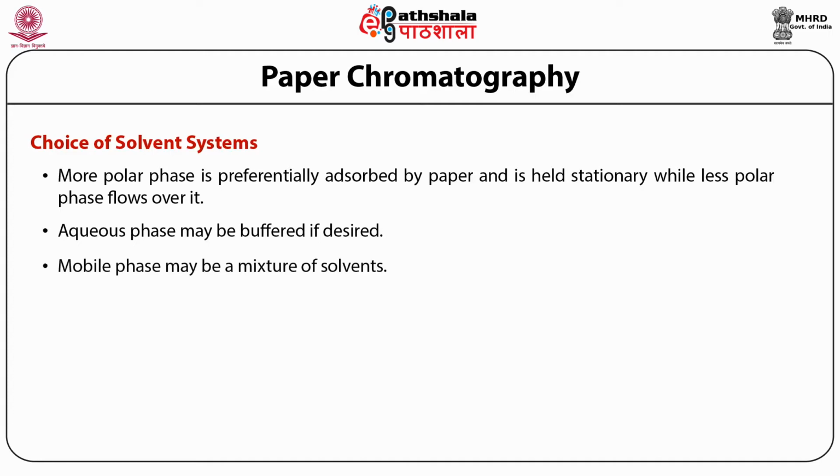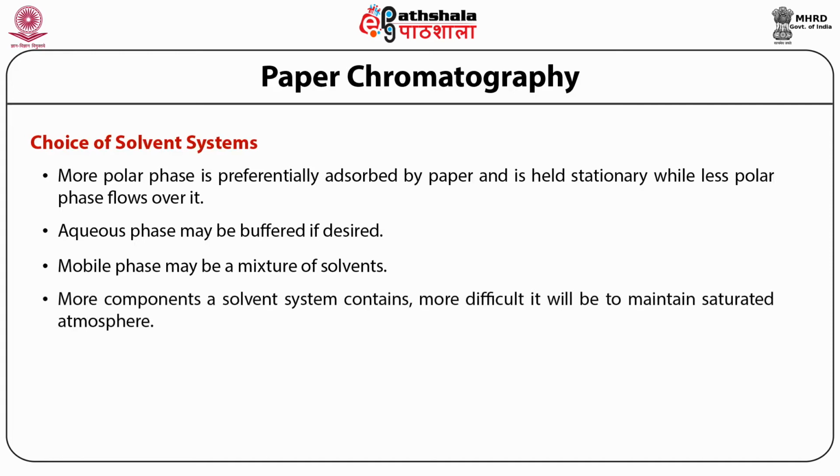The mobile phase may be a mixture of solvents, for example, alcohols, acids, ketones, esters, amines, phenols, hydrocarbons, etc., selected so as to achieve maximum separation of the sample components. In addition to optimum separation, there are other factors to be considered in choosing a solvent system.